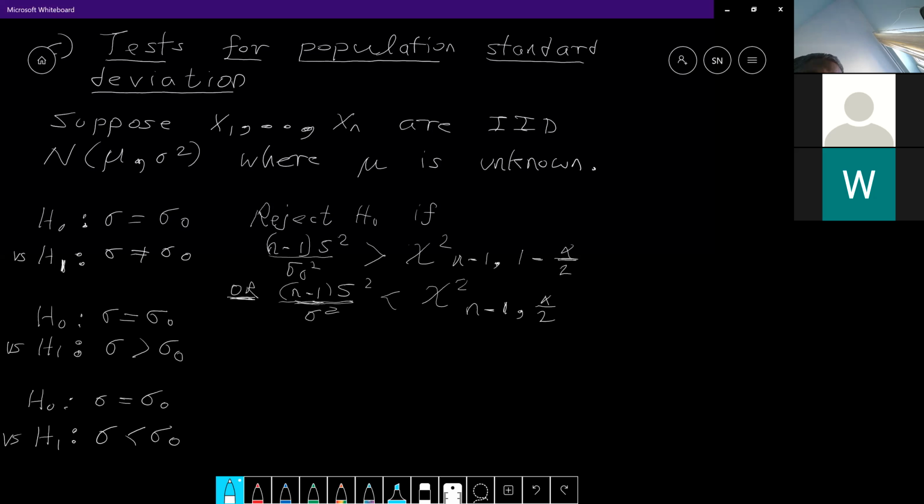For the second one, you reject H0 if... okay, and for the third one, you reject H0 if... you can guess what it will be, chi squared n minus 1.